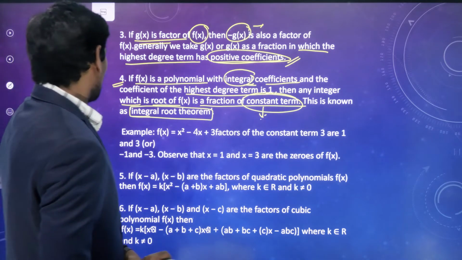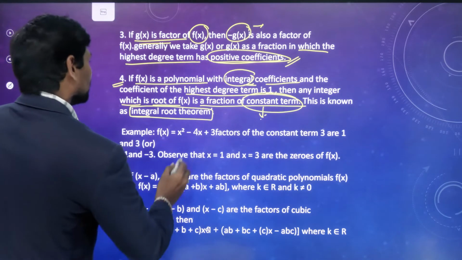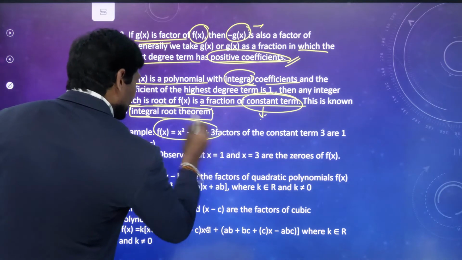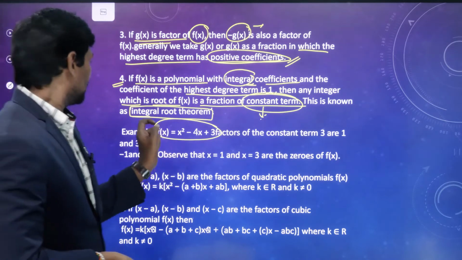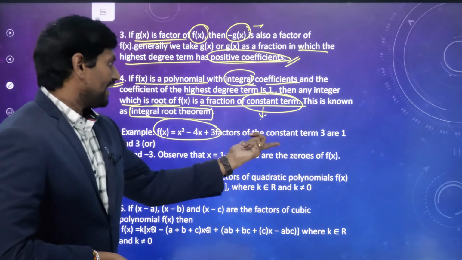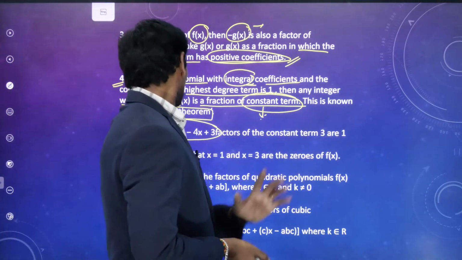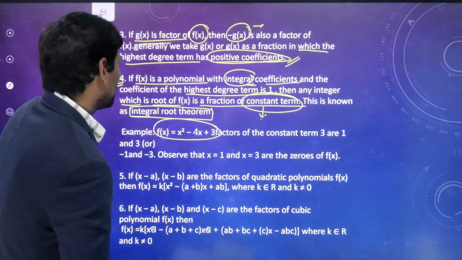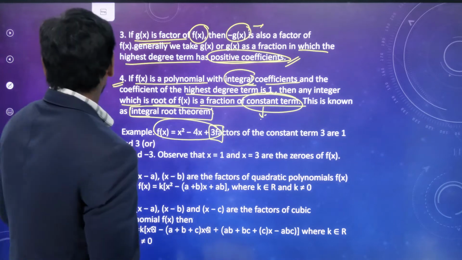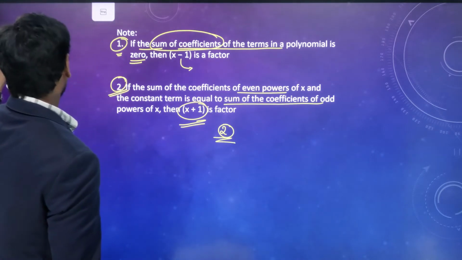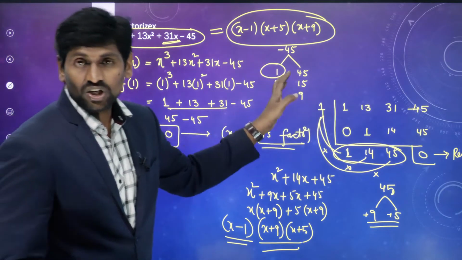Yeah. So let us see f of x equals x square minus 4x plus 3. Let us take a quadratic polynomial, and the factors of the constant term 3 are 3 and 1. As we discussed in the previous problem, we had 45 as a constant term, and we checked all the factors.